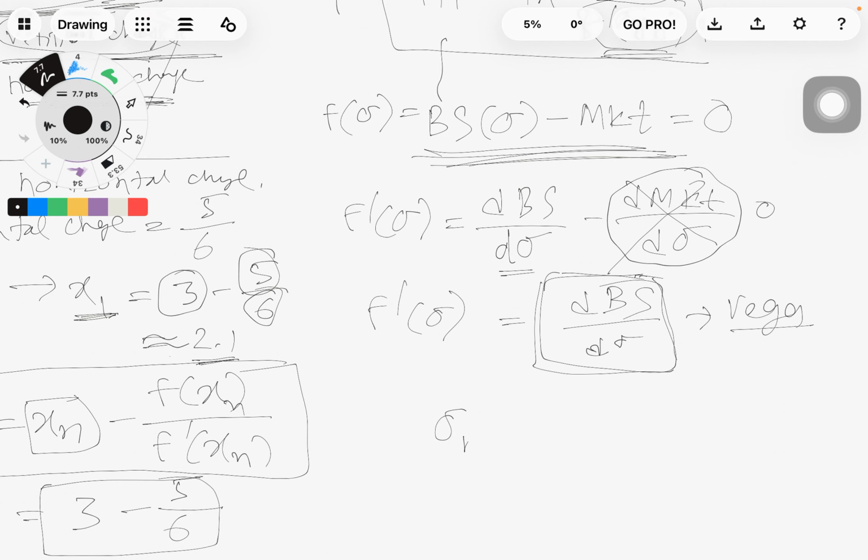It would say sigma(n+1) is sigma(n), the value that we put initially, and now let's approximate in a way that it converges with the market price. So we have the Black-Scholes price minus the market price, divided by f'(sigma), which becomes your vega. So that's the final formula.